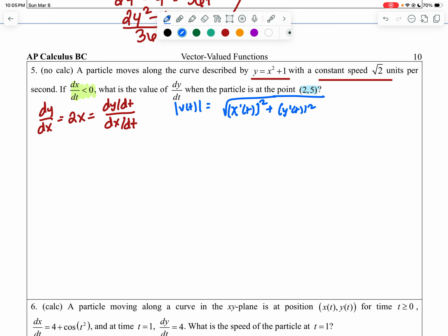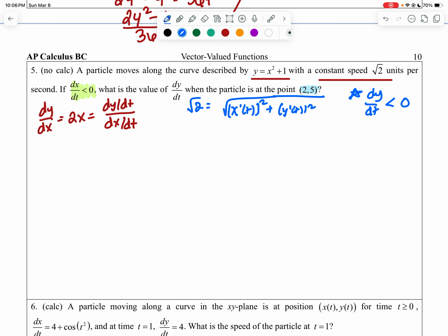So that tells me that dy/dt is also negative. Okay, so not a lot of things to work with. I'm going to go ahead and replace that to be root 2.